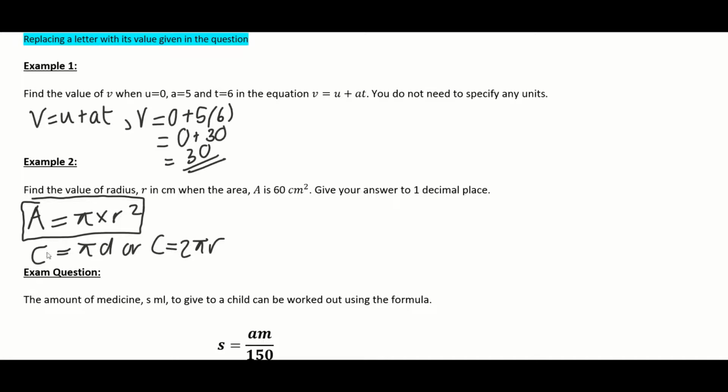This is c for the circumference of a circle, pi is a constant, d is the diameter, and c equals 2 pi r also, because the diameter is 2 times the radius, so you can write it either way. Either form is okay, it will give you the same answer, but these are the golden formulas that you need to know, because if you don't know them, you will not understand the question whatsoever.